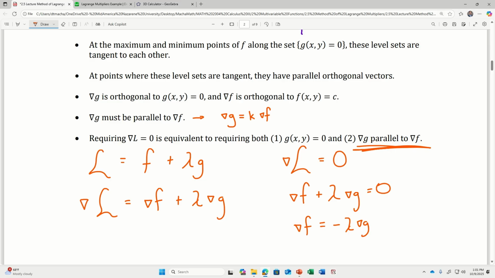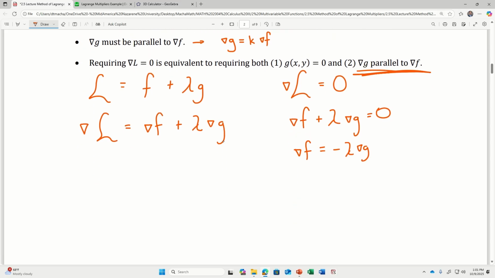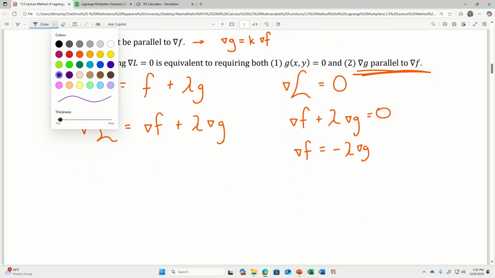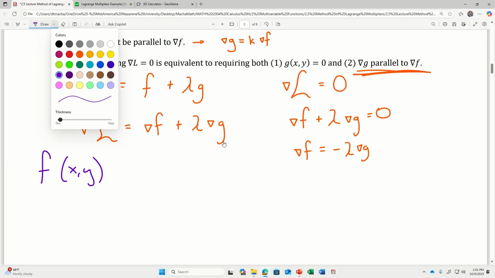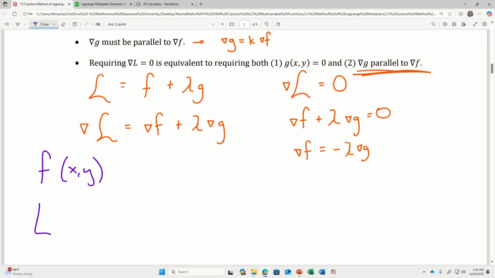And I'm forgetting one thing, actually. What I'm forgetting is this. If my function f is a function of x and y, then my Lagrange function is going to be a function of x, y, and lambda.